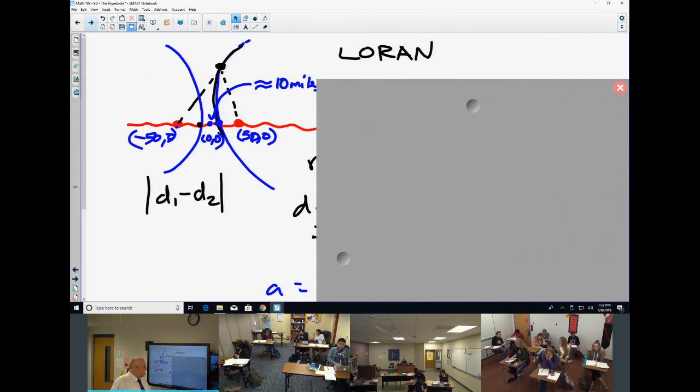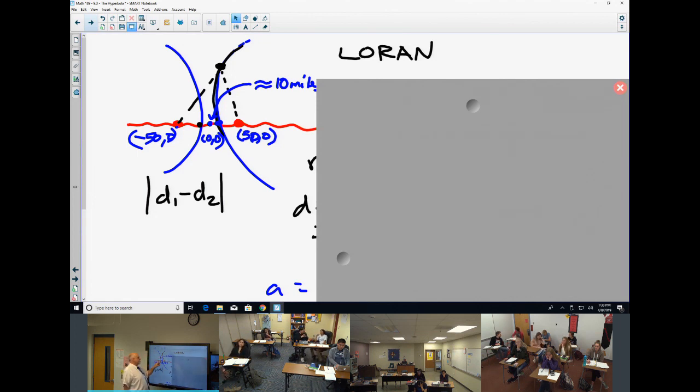Okay, but they would respond differently depending on how far away they are. So one would respond, the second would respond, and then what they would do is measure the difference between the response times. Now if that sort of sounds like a hyperbola, it is, because remember, the hyperbola is the difference between these distances.